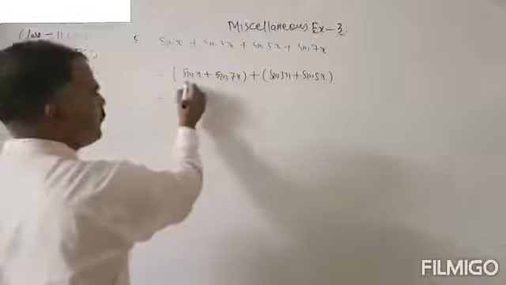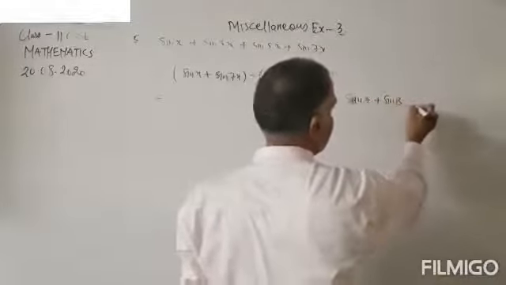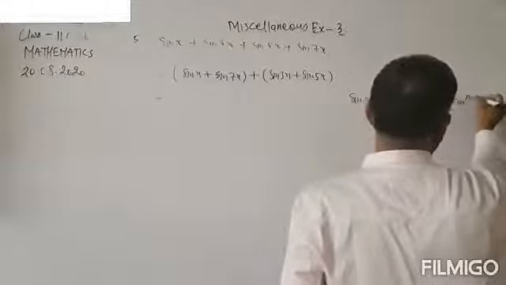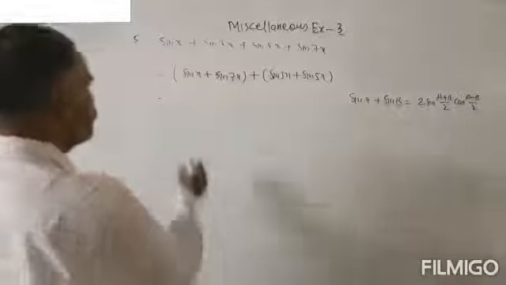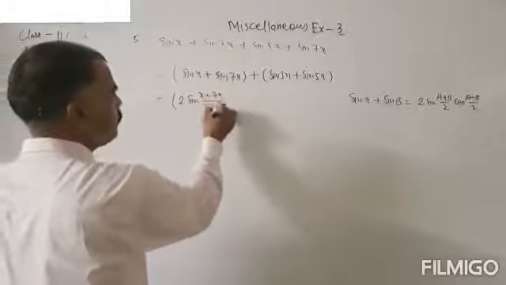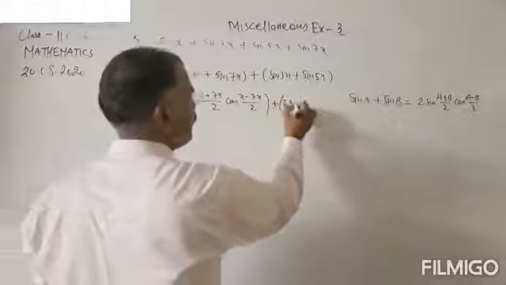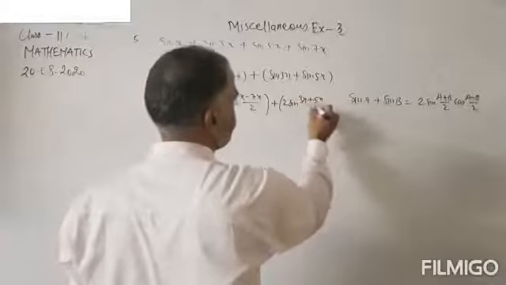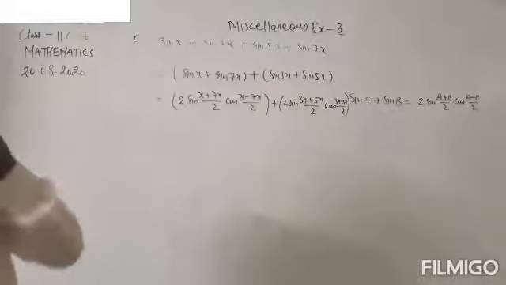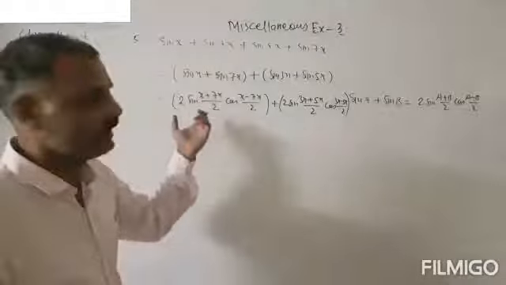Now we have to use the identity sin a plus sin b equals 2 sin of (a plus b) upon 2 cos of (a minus b) upon 2. After using the trigonometric identity, we are having this.